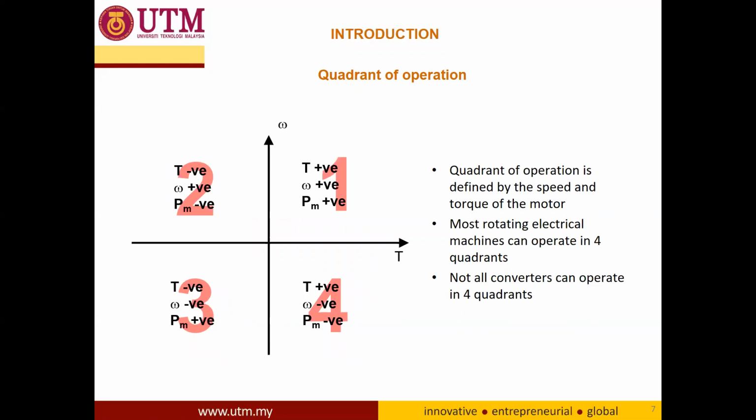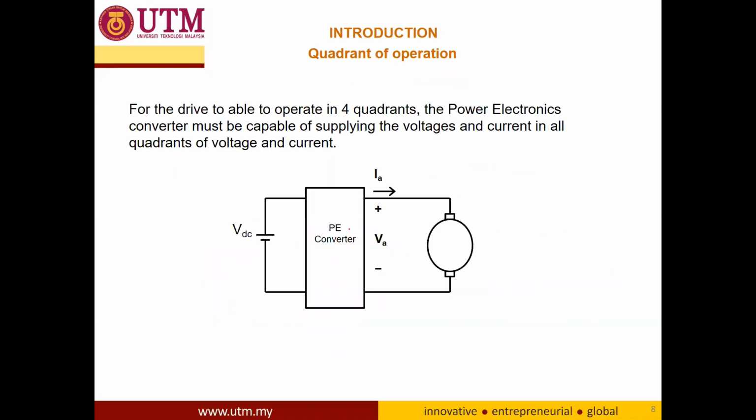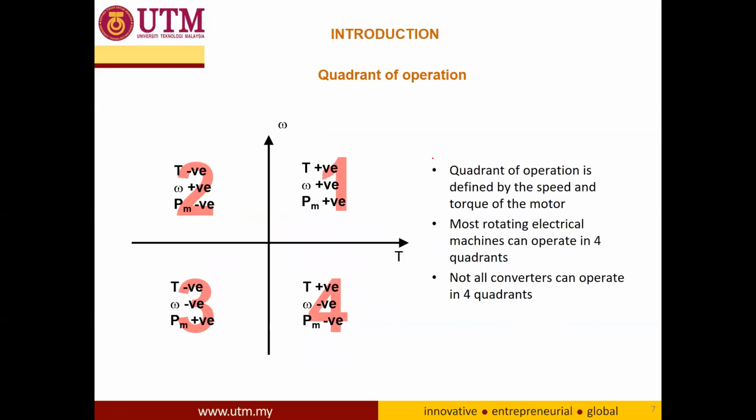This is the relationship between torque, speed, and also the power produced. For the drive to be able to operate in 4 quadrants, the power electronic converter must be capable of supplying voltage and current in all quadrants. As you can see here, we have 4 quadrants.